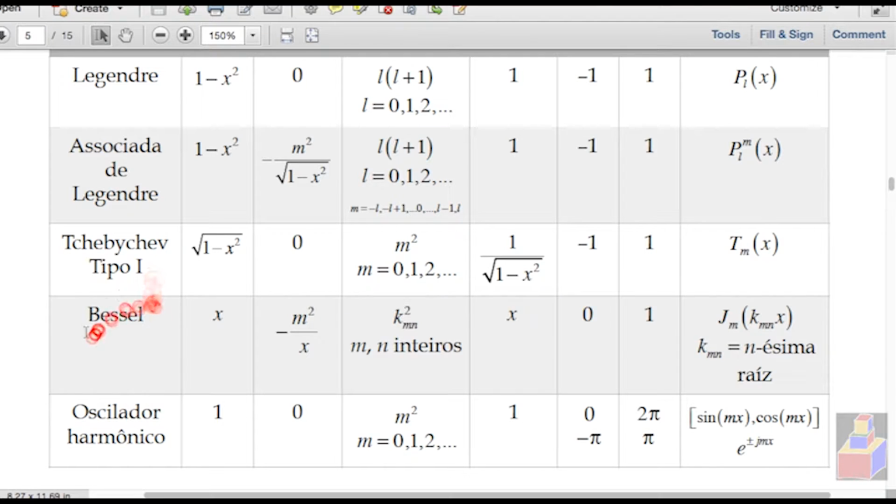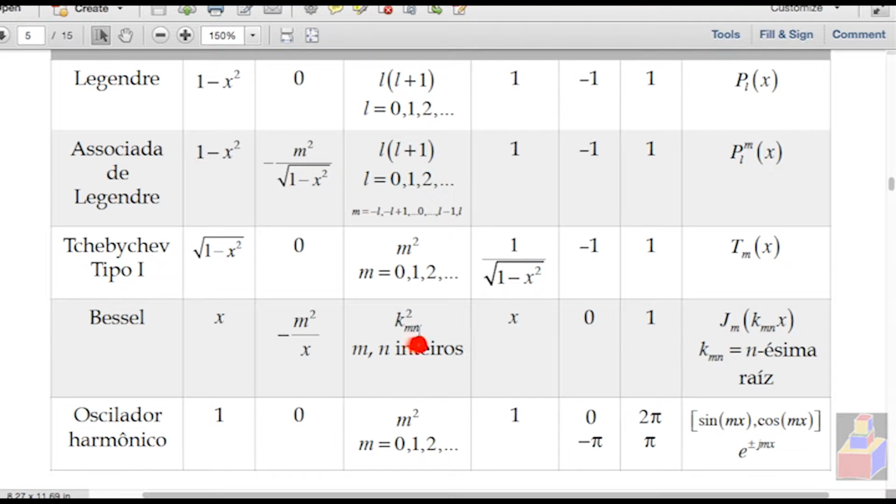You can find Bessel functions when solving the propagation of modes in an optical fiber, the transverse profile in a fiber with cylindrical cross-section. Interesting is that these functions are orthogonal, provided you write them like this. This coefficient here is the nth root of the Bessel function of order n.